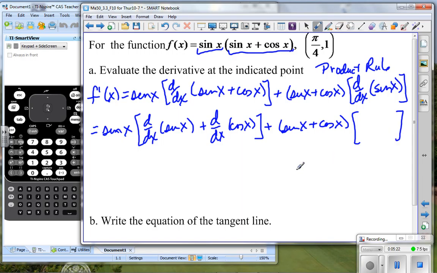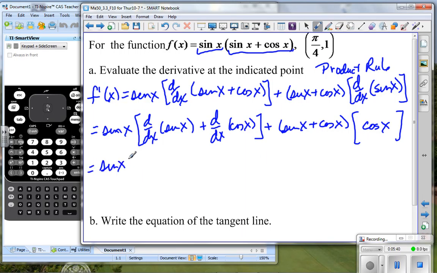And again, this is one of those that you're going to have memorized at some point. For now, if you need to, stop the video and go back and look for it. Otherwise, we'll just proceed. It is cosine x.